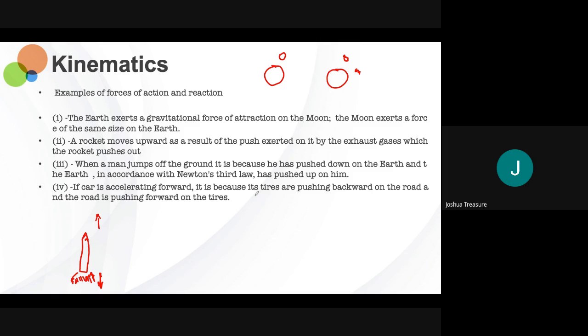So if the road is smooth and there is no ability for the road to push back, you won't find any form of movement. But because there is friction, you're able to move and accelerate. So you push against the wall, and the wall pushes you back. Right. So are these clear? Some examples just to give you a better understanding.